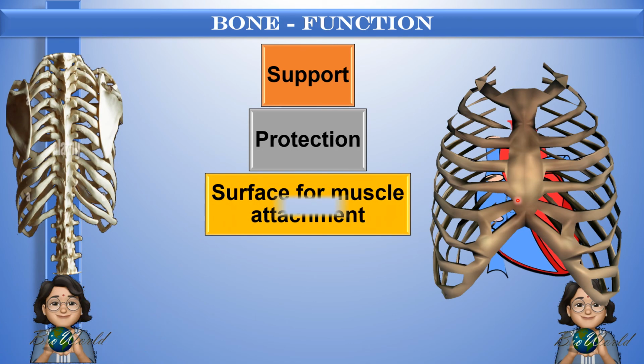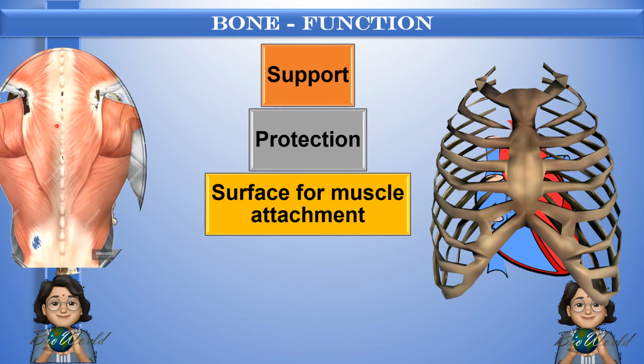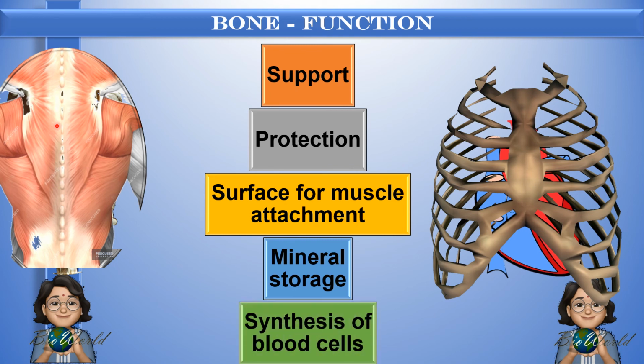The next function of the bone is, of course, to provide surface for the attachment of skeletal muscles. The bones also keep storing calcium for us as well as other types of mineral. And finally, the bones synthesize blood cells, which is going to be our next part of the discussion.